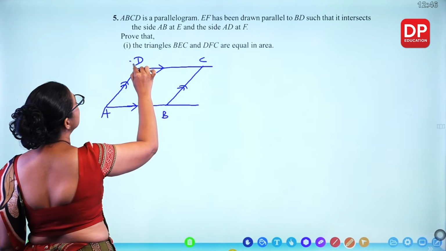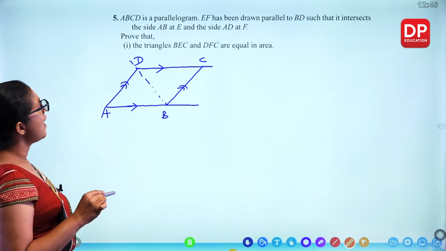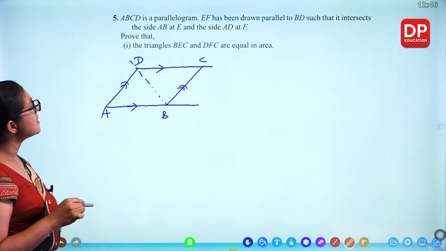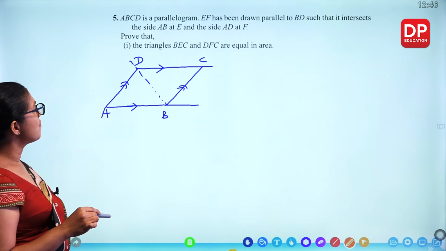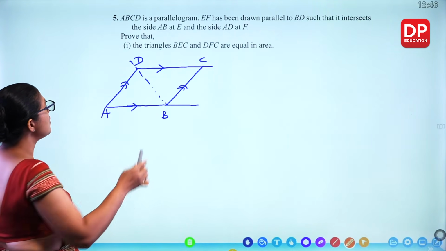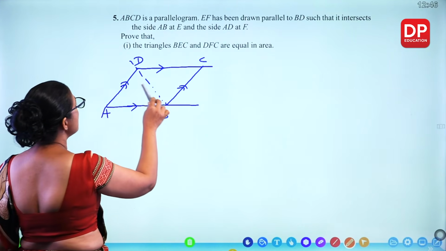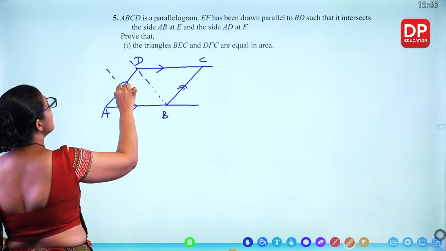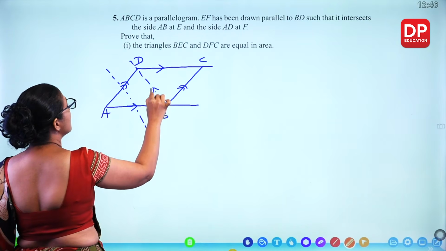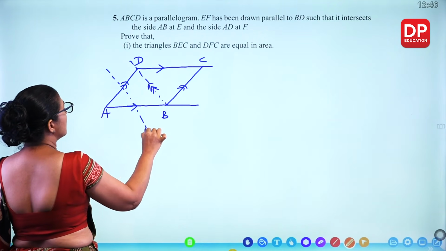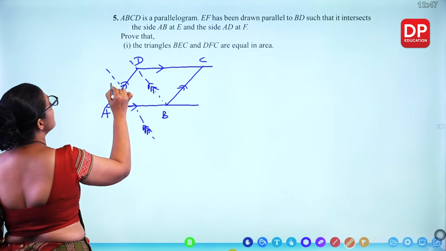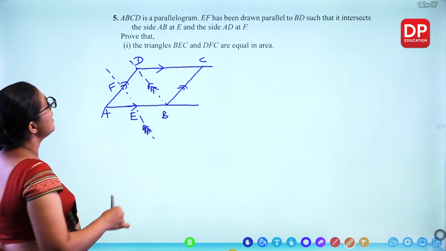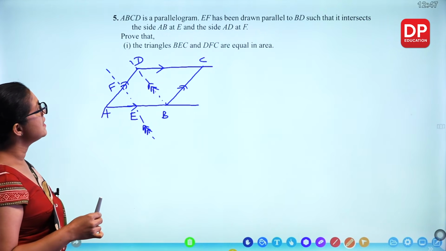This is BD, and EF has been drawn parallel to BD such that it intersects the sides AB at E and AD at F. So we need to draw a parallel line to this such that it cuts AB at E and AD at F. This is F and this is E. So there's a line FE parallel to BD.